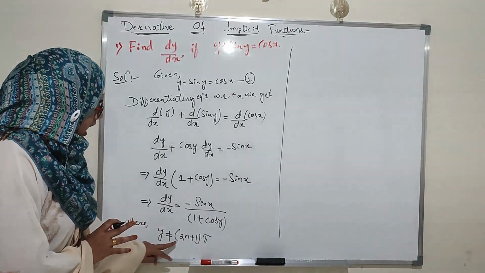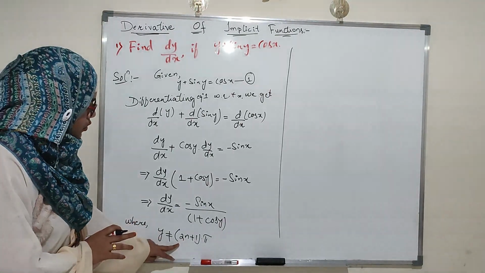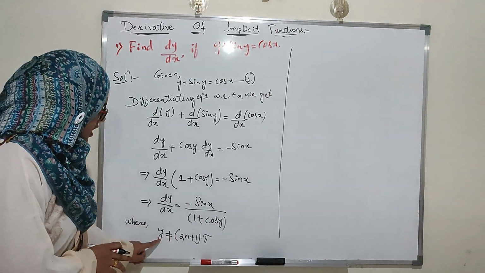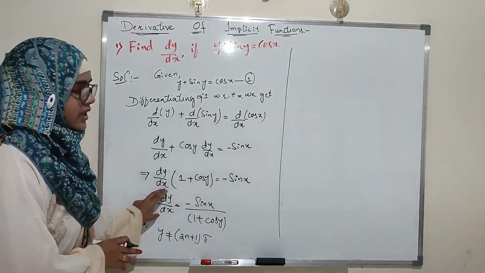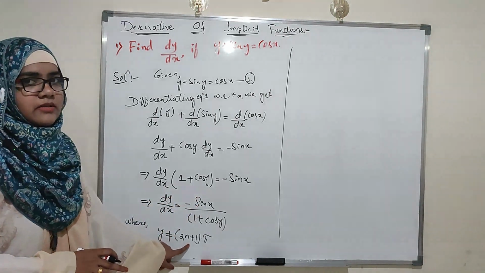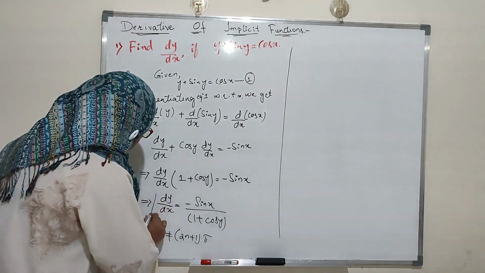If n equals 1, then 2 into 1 is 2, plus 1 is 3, so 3 pi. If y is an odd multiple of pi, then we can't get dy by dx as this value. That's why y should not equal (2n plus 1) into pi, then we will get this answer. So this one is dy by dx.